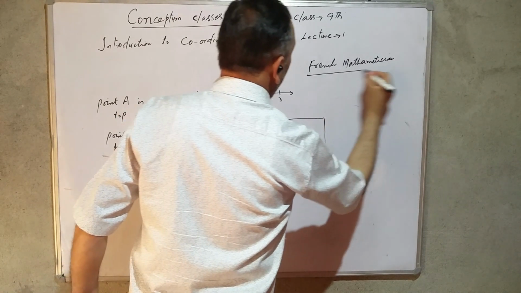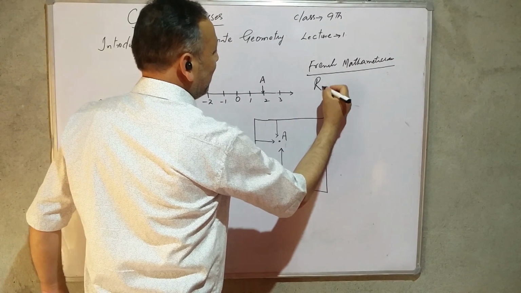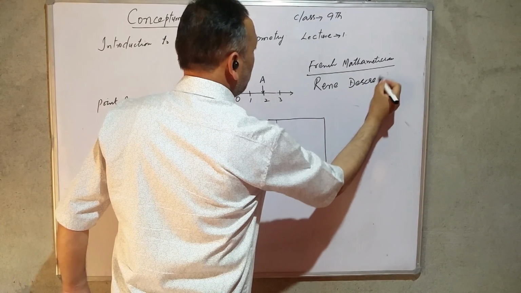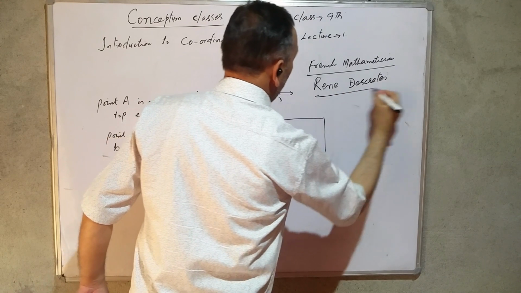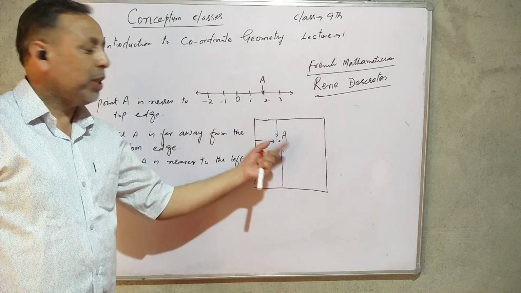His name was René Descartes. He gave us the idea of how to describe a point in a plane.